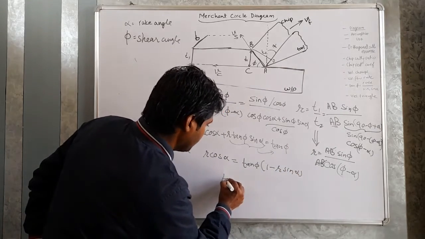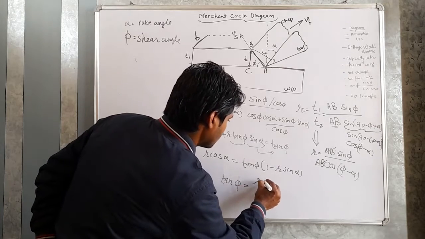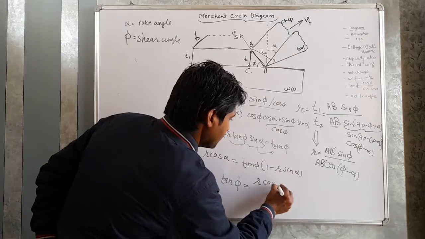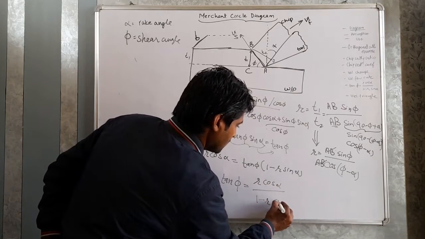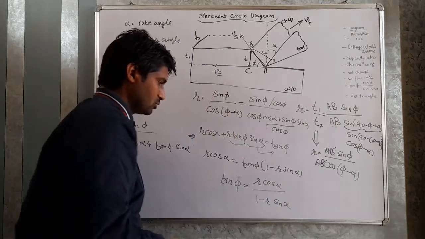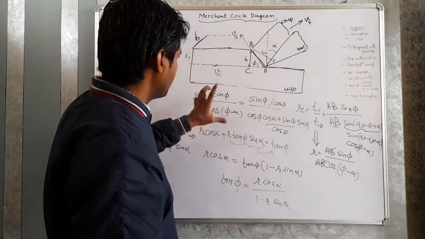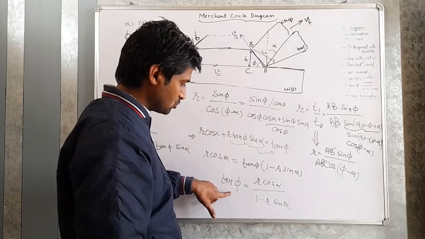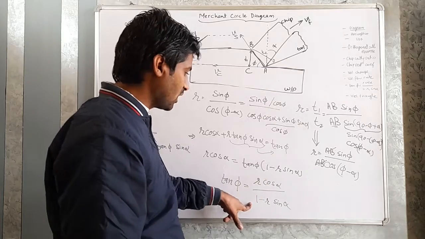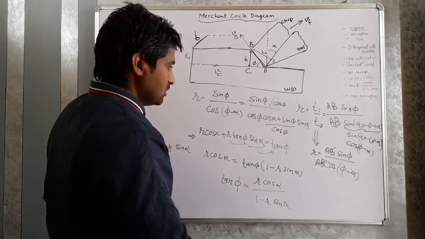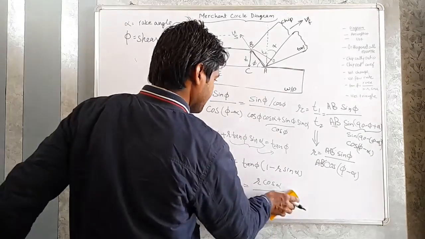So tan phi is equal to r cos alpha divided by 1 minus r sin alpha. So this was the expression for which we have put all efforts to derive this formula. So tan phi equals r cos alpha by 1 minus r sin alpha. This is a very important formula to draw the merchant circle diagram.